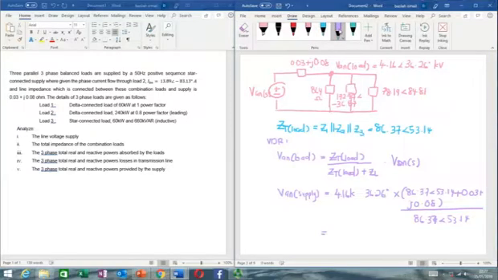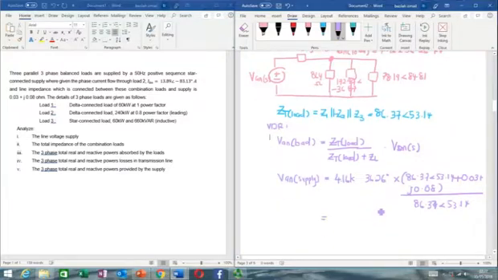That's why you have to double check. If you don't trust yourself, you have to calculate twice or even three times. If the second answer is different from the first, you have to calculate for the third time. So 4.164 angle 36.26 gives 4.228 kV.